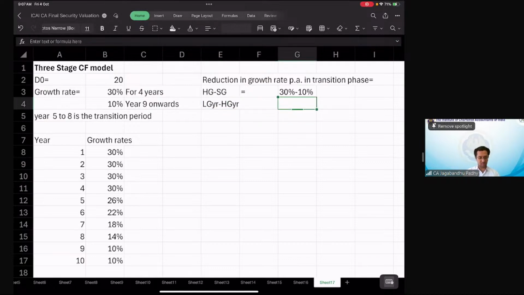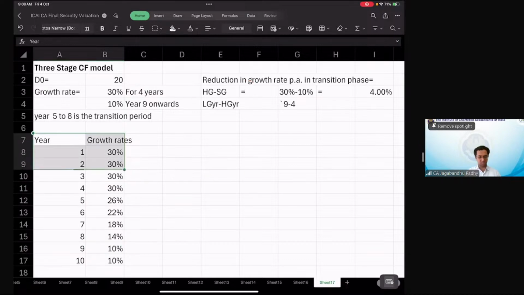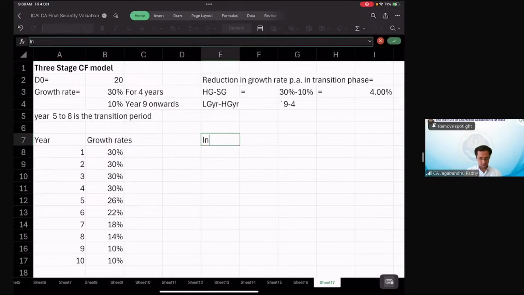Year 4 is the high growth rate, and year 9 is where you achieve the stable growth rate. This is how we work in two-stage cash flow models.